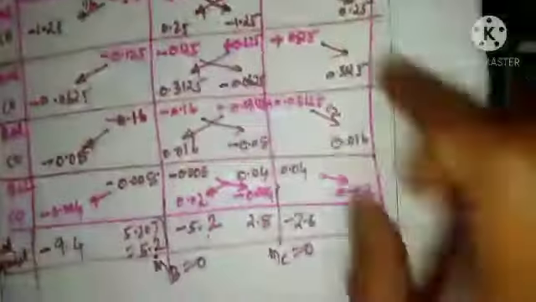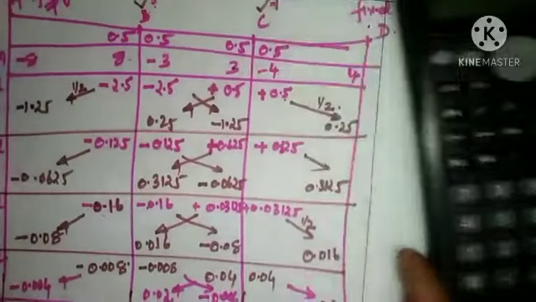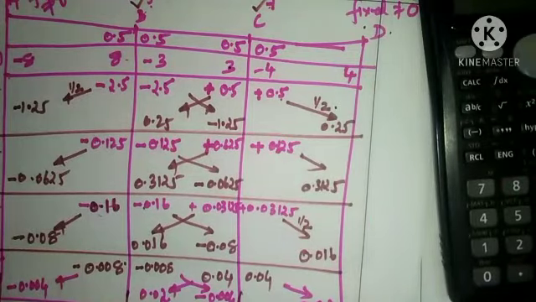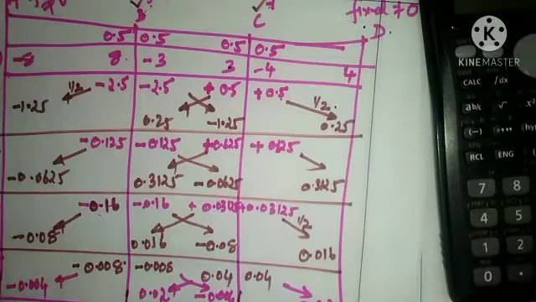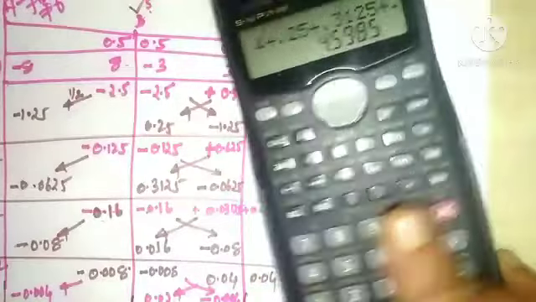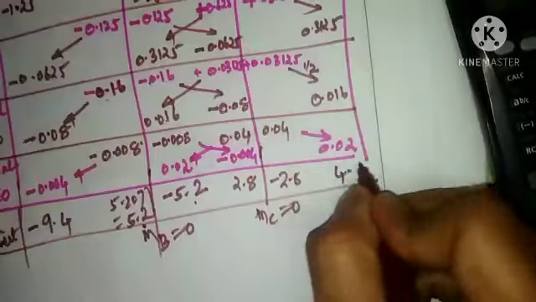Likewise here, you need to add all the moments at D. So when you add 4 plus 0.25 plus 0.3125 plus 0.016 plus 0.02, the value shall come as 4.959, we shall write it as 4.6.